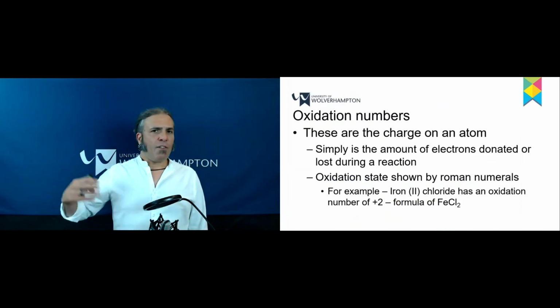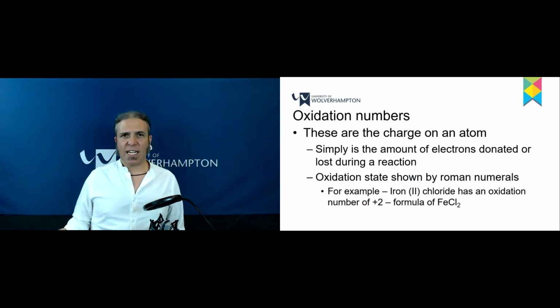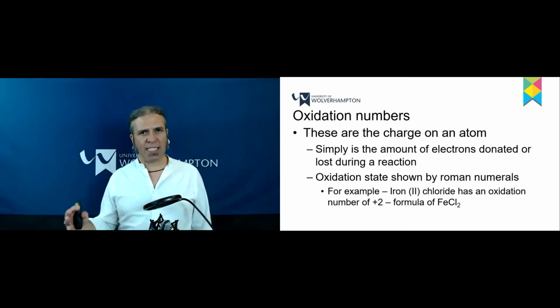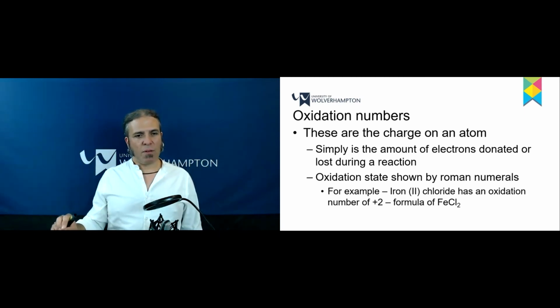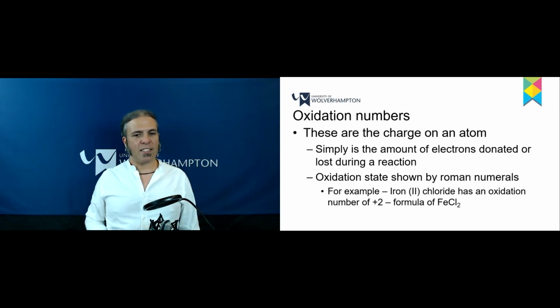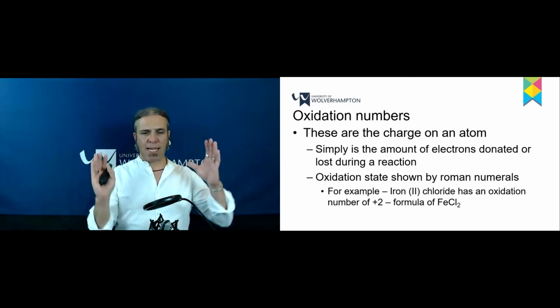So finally, let's consider something called oxidation numbers. If you have seen chemical formulae, you will notice that sometimes there's a little number on them. A really good example of that is iron(II) chloride, or what's called ferrous chloride. You can see the formula there, and when we write it out, you can see we've got these Roman numerals in brackets.